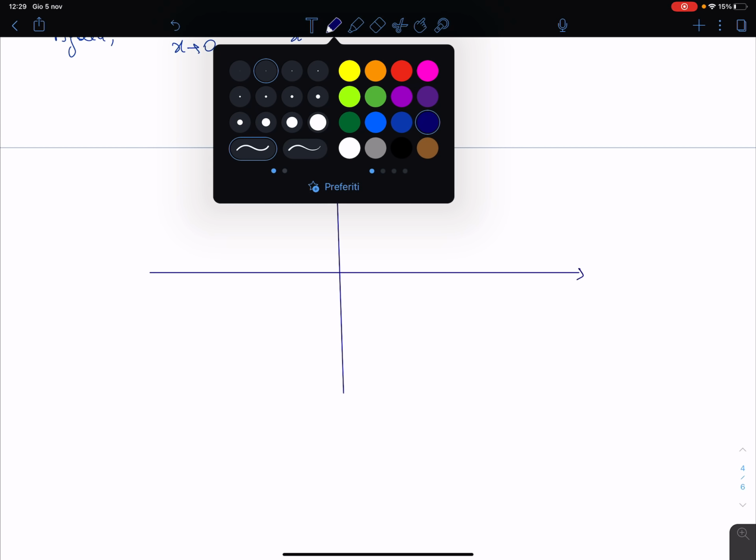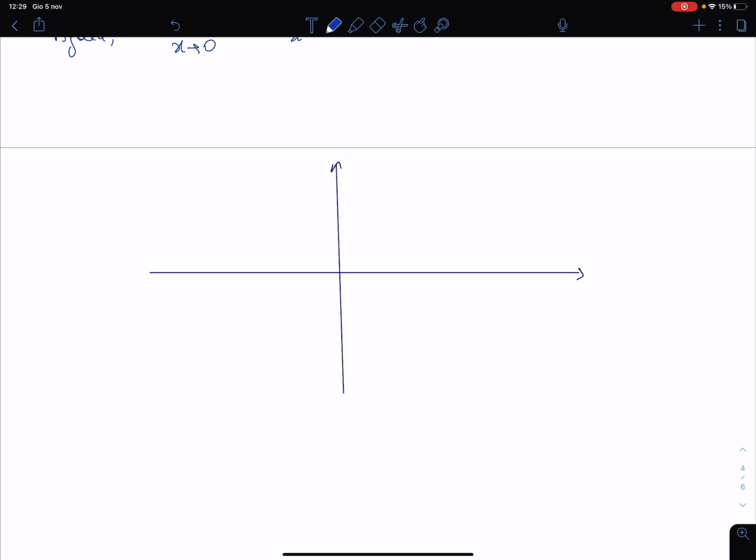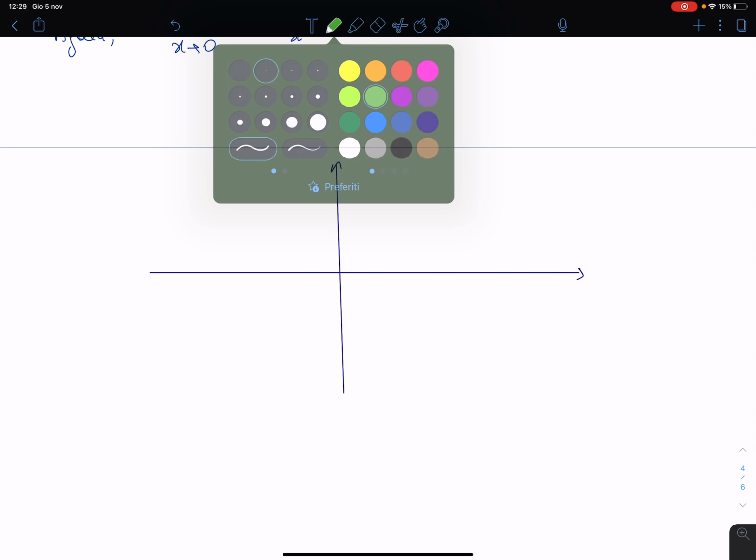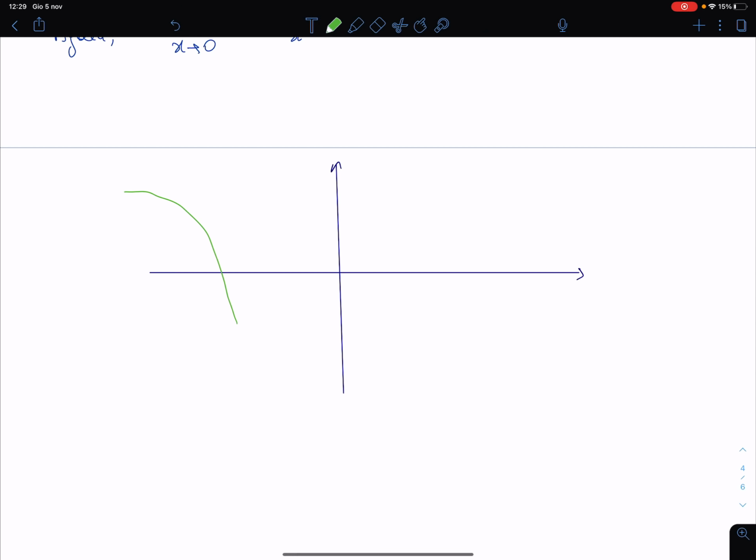The function is an even function, so from here, sorry, I changed color, it is better. From here and here, it is a nice function, and then it starts like that.